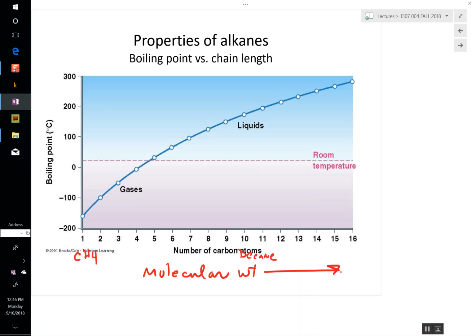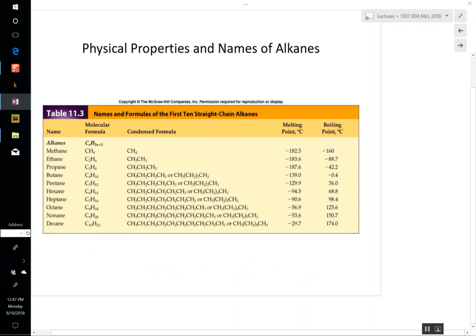Yes, but you've got to get up to about 150 degrees centigrade to boil it, well above the boiling point of water. Okay, so that general trend will hold true with almost any class of compounds. The bigger they get, the higher their boiling points get. It's a general trend.